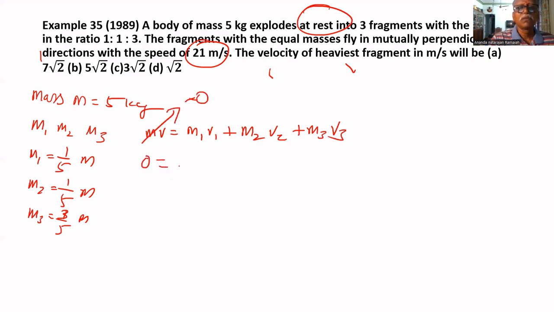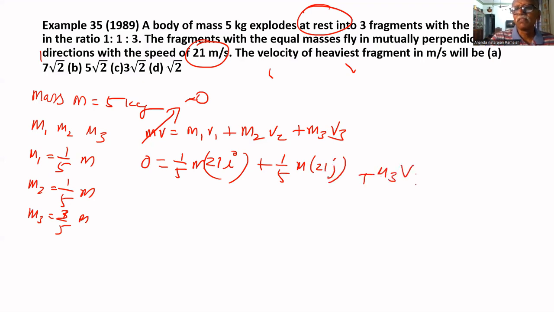Therefore, 0 equal to m1, which is 1 by 5 m, v1 is 21 meter per second along I direction, mutually perpendicular. Another m2 is 1 by 5 m, 21 j, plus m3 v3. Therefore, m3 v3, m3 is 3 by 5 m.